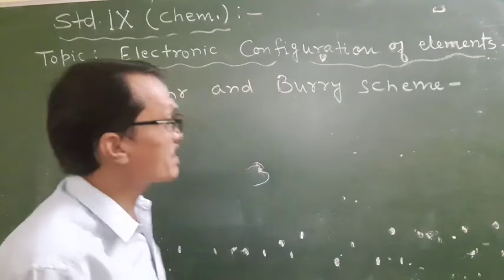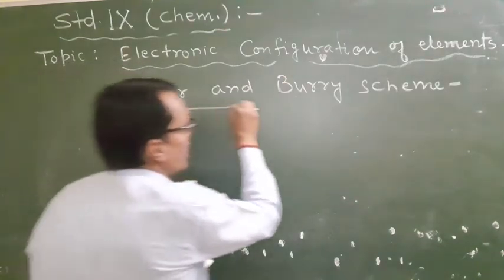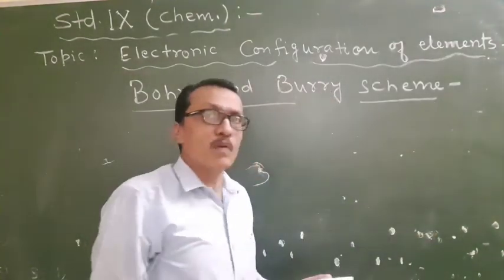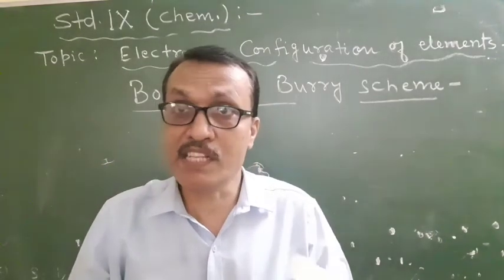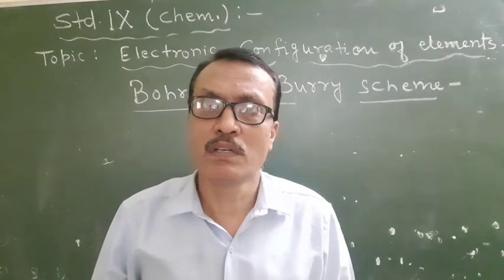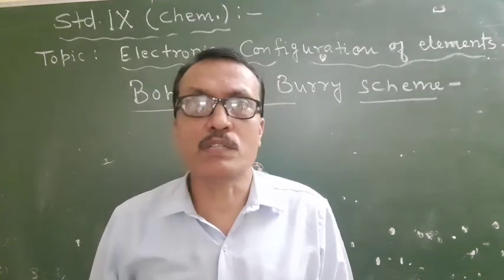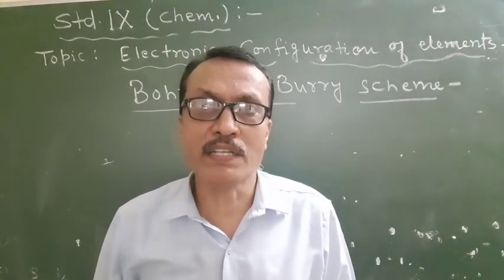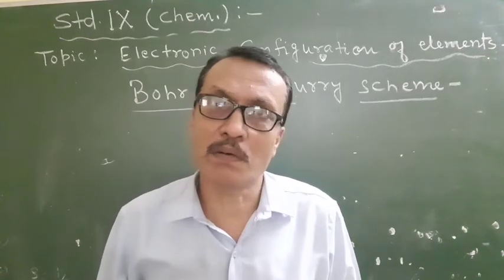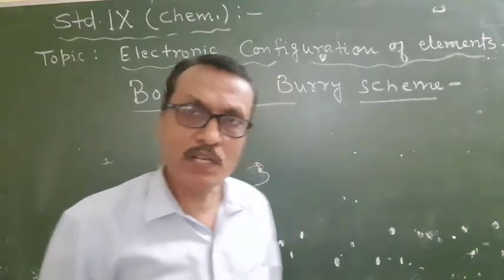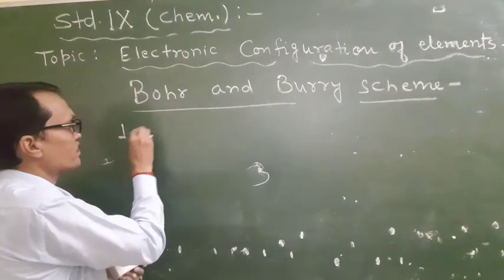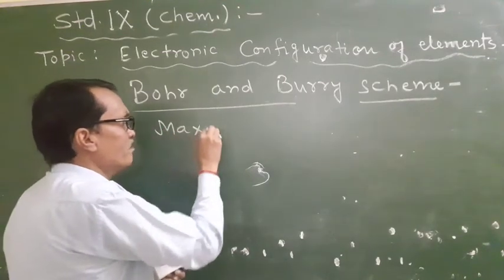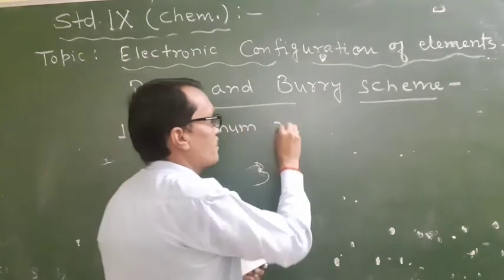Okay? So students, in the Bohr and Bury scheme, so many points have been discussed, but for you, only 2 points you have to keep in your mind to start with electronic configuration. And these 2 points I am going to discuss before you. First point is the maximum number of electrons.